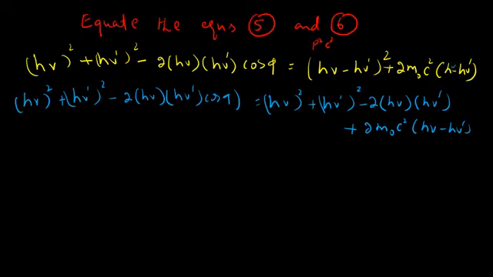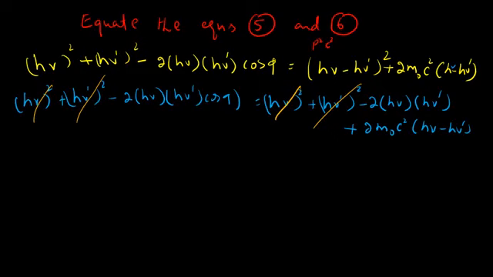Now we can cancel out some quantities because they are on both sides of the equation, and these are h mu square and h mu prime square.